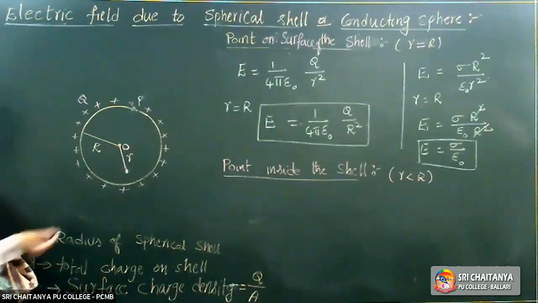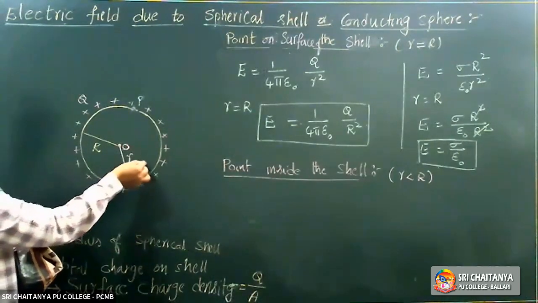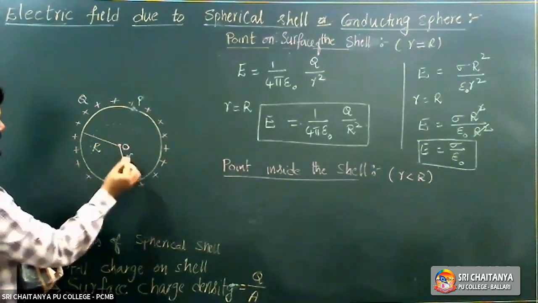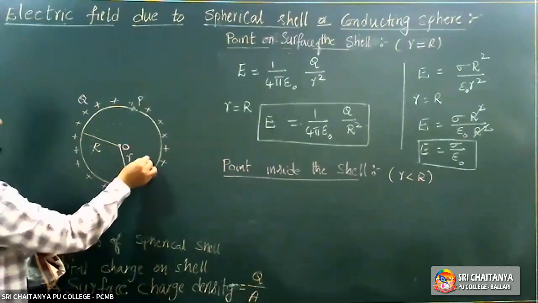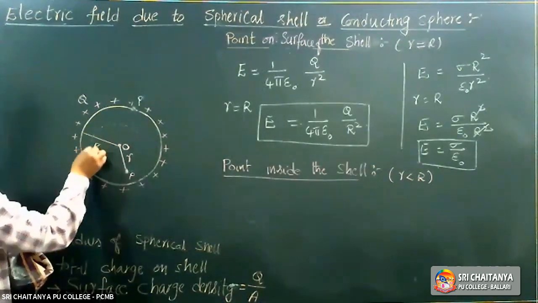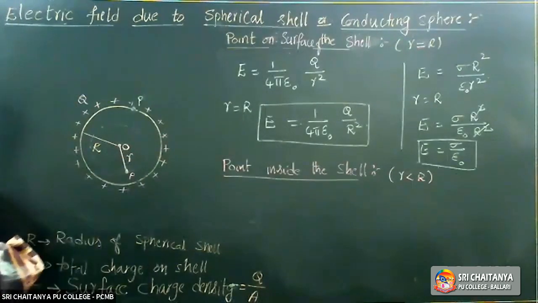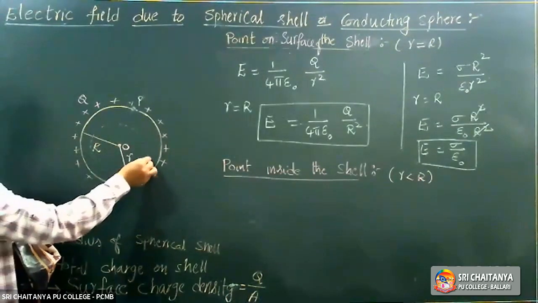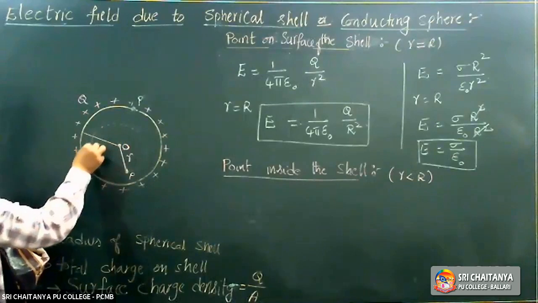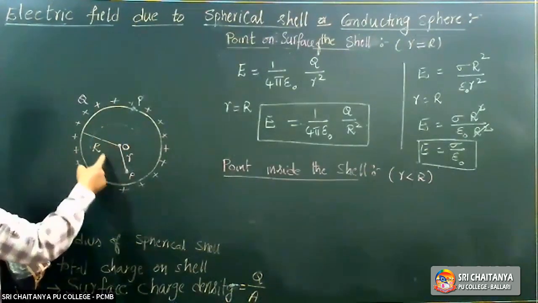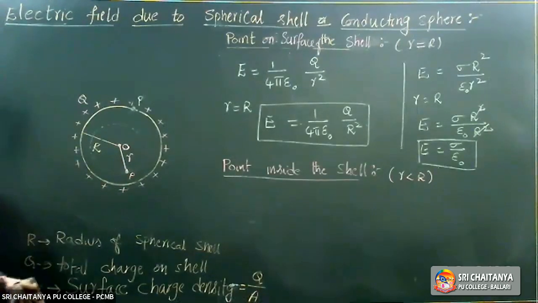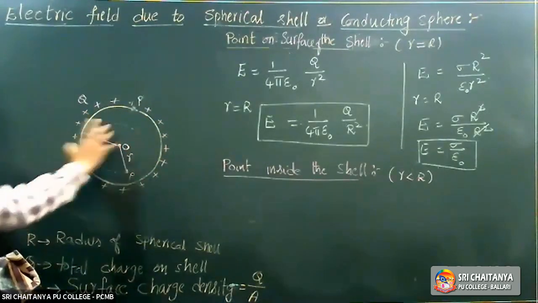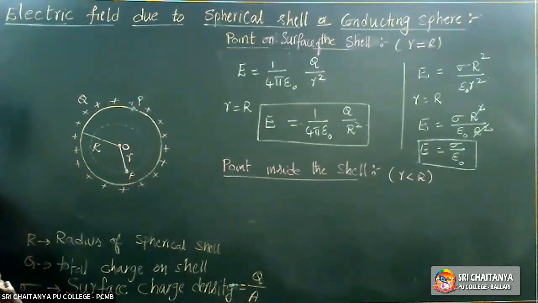Already, when we were discussing the cylinder, if I assume a Gaussian surface passing through that point, is there any charge enclosed in that Gaussian surface? Inside this Gaussian surface there is no charge, because whatever charge is given to this shell is on the surface. Inside this shell there is no charge.